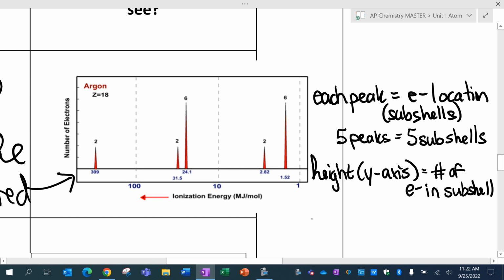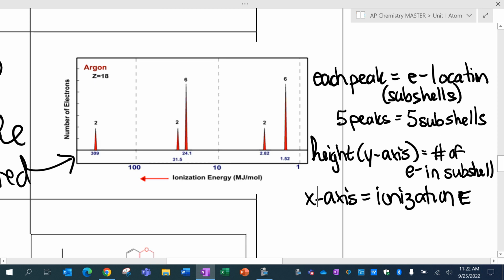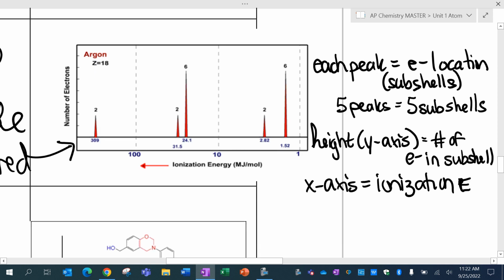And then the location on the x-axis is the ionization energy. And that has to do with how attracted the electrons are to the nucleus.